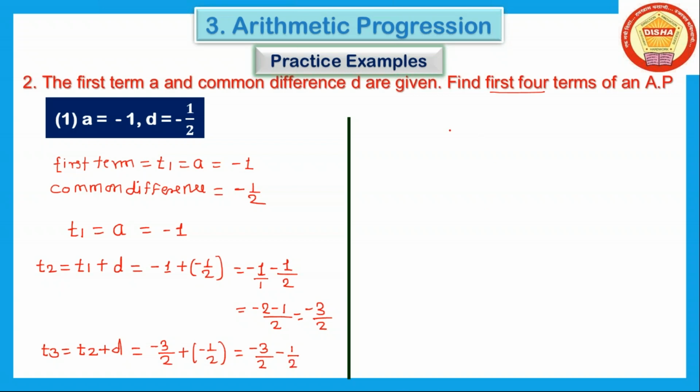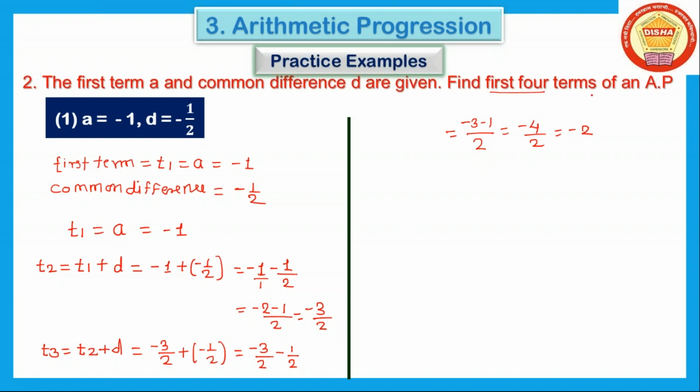We simplify it. See, in the given addition here, both have the same sign and the denominator is equal. So we write 2 as a common denominator. Negative 3, negative 1 means addition is negative 4 upon 2, which is equal to negative 2. Means T3 is equal to negative 2.